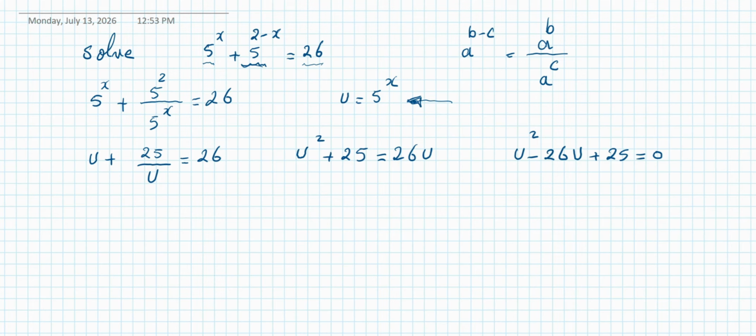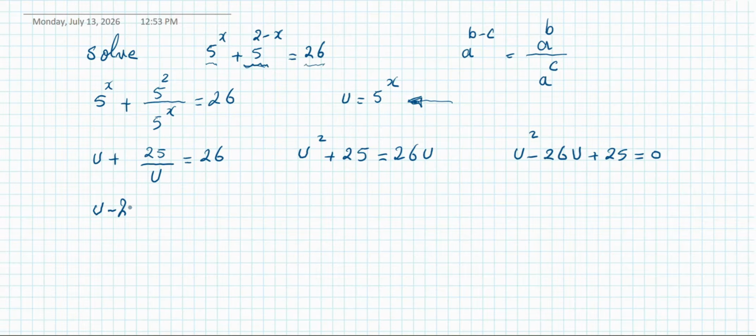And we can solve this by quadratic formula, or we can solve it by guessing. So here we have u minus 25 times u minus 1 equal to 0. In other words, we are looking for two numbers.